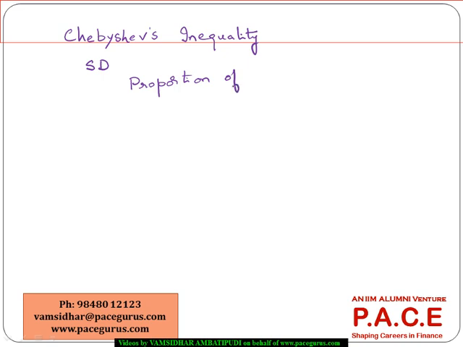This talks about the proportion of observations within k standard deviations of the mean. He talks about the minimum proportion of observations within k standard deviations of the mean, irrespective of the data and the shape of the data.